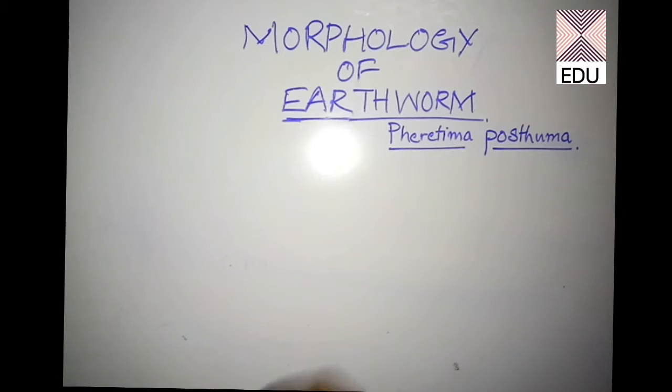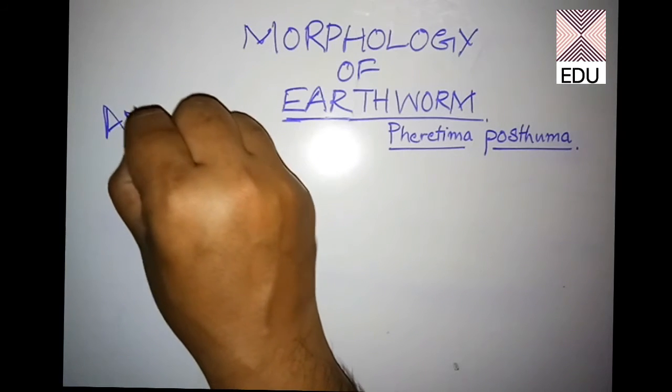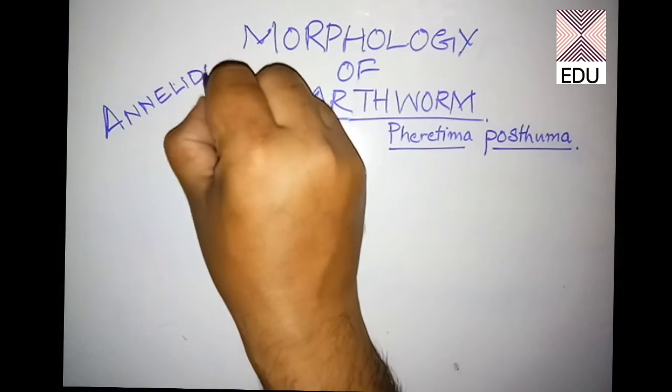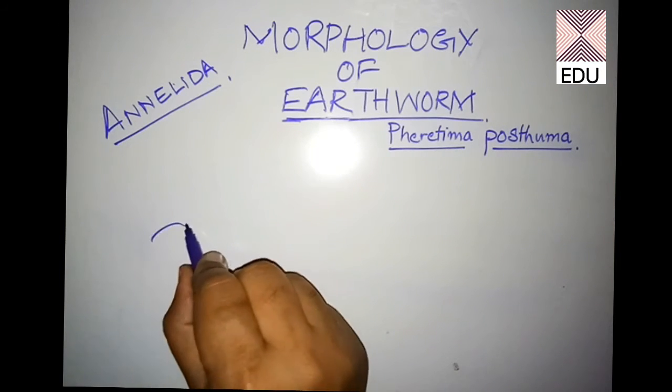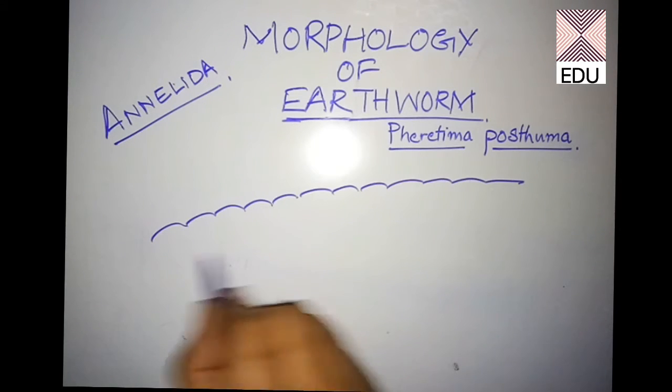Now the earthworm belongs to the phylum Annelida. The basic character of any animal of phylum Annelida is the segmented body. So first of all, the earthworm will be segmented.